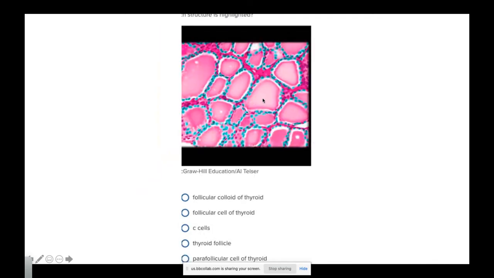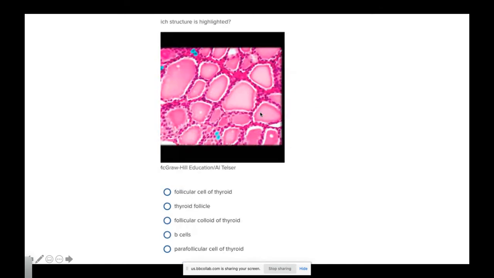Okay, now what do we have here? Look at the choices. These are going to be the follicular cells of the thyroid. These are the follicular cells of the thyroid. These are the parafollicular cells of the thyroid.